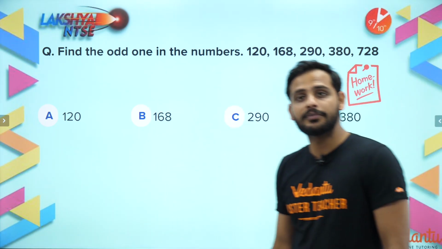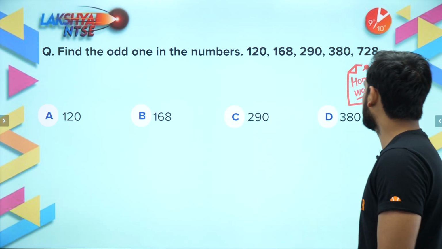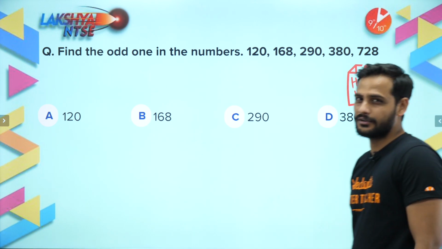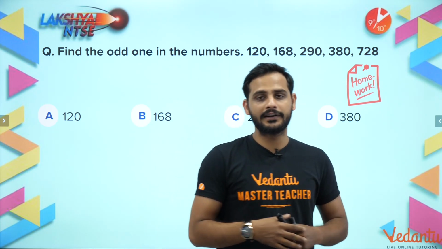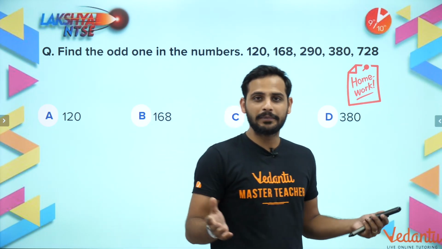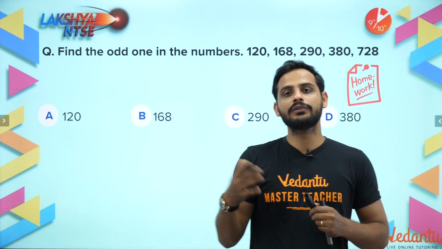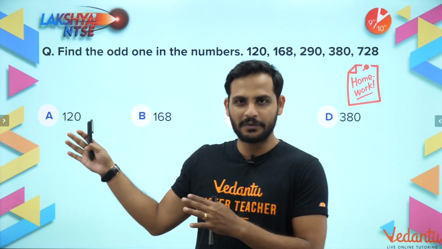Now many of you gave me option C as your answer as well. You told me, sir, all the numbers are divisible by 4 except the option. But beta, that logic will not be correct. I have told you, always go first for any kind of pattern: square, cubes, multiplying, those kinds of patterns. These are the primary logics we have to go for. Then you will go for the secondary logic, like divisibility by a common number and even odd, if none of them is working.